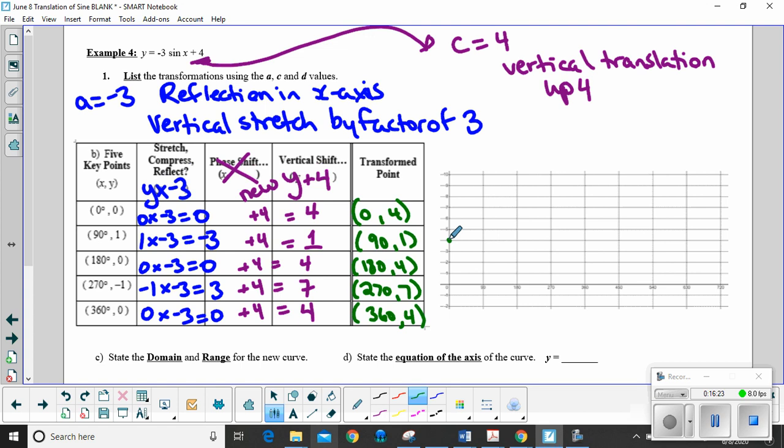So let's see, 0, 4; 91; 184; 277; 364. Curvy up. Oops, I missed a little bit. Curvy down. And there you have it. y equals negative 3 sine x plus 4.